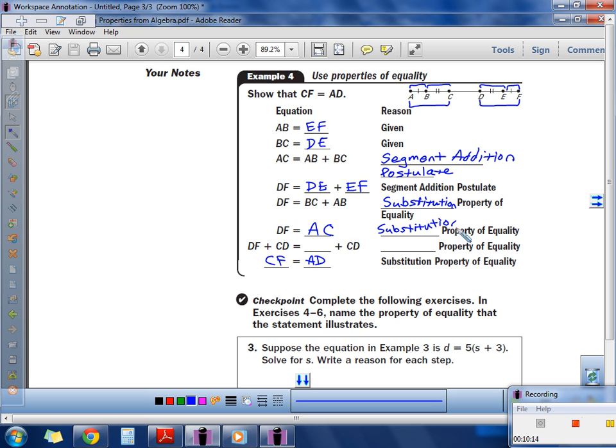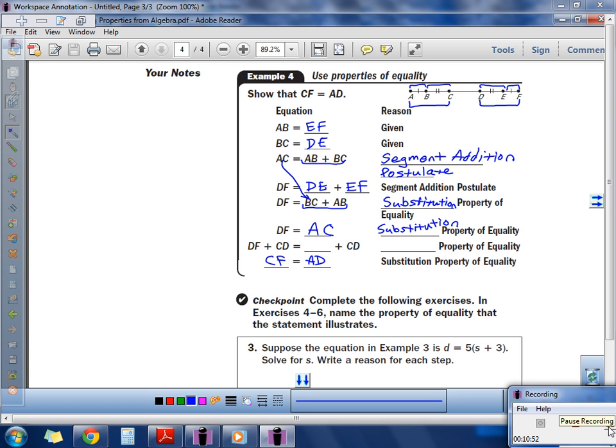We know it's substitution because we see that DF equals this, and this is repeated up here. So anywhere I see this, I could plug in AC. So I can plug it in right there. That is the key fact of substitution. Anywhere I see this, I could plug in AC, or I could plug in DF, because they are the same piece. That is substitution.